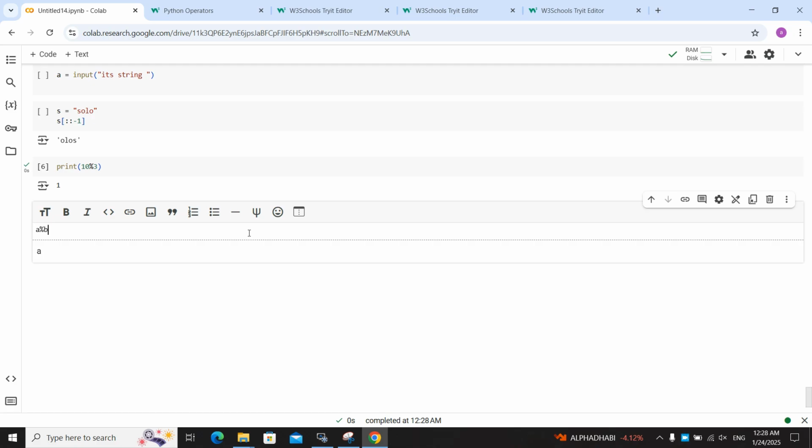A % B means A is equal to B times N plus C, and C is lower than B. This is what this line is going to do.